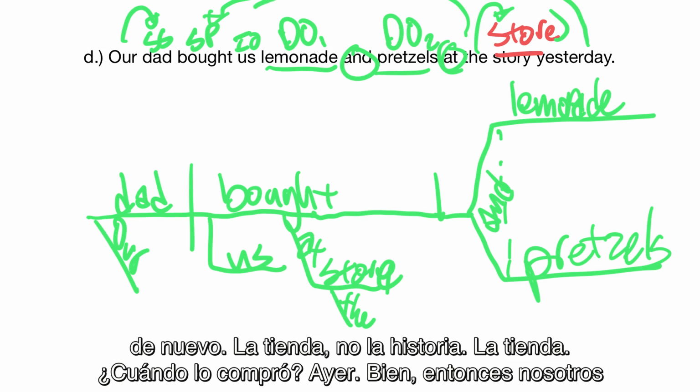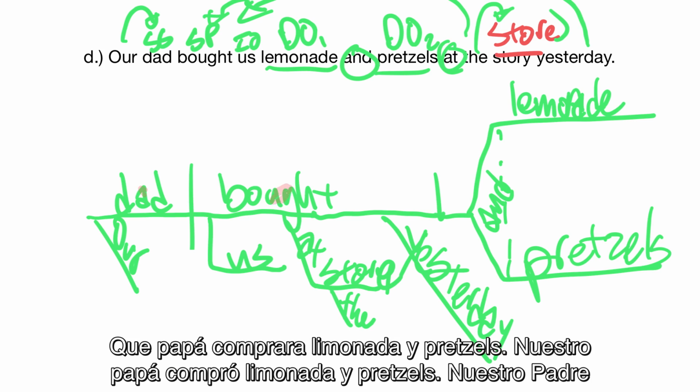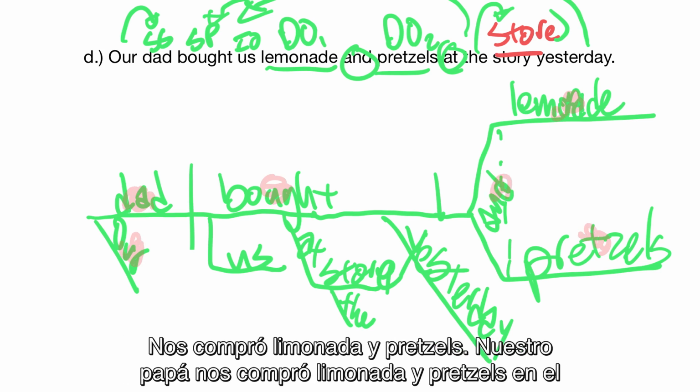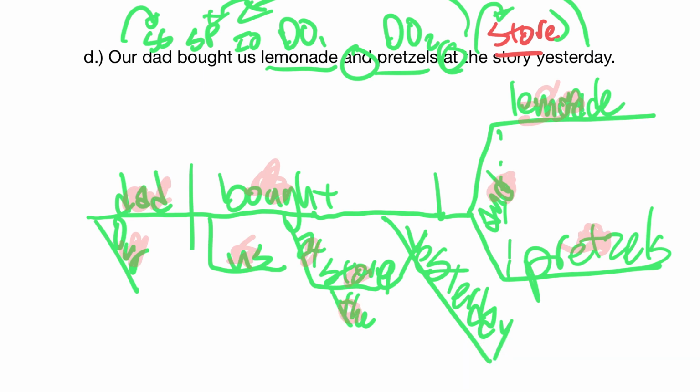When did he buy it? Yesterday. Okay, so we have Dad bought lemonade, pretzels. Our dad bought lemonade and pretzels. Our dad bought us lemonade and pretzels. Our dad bought us lemonade and pretzels at the store yesterday.